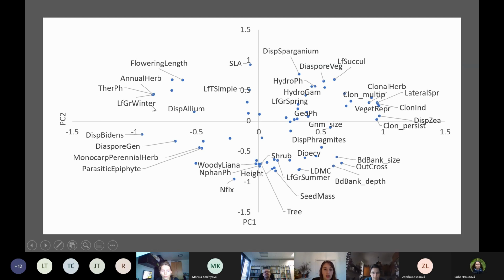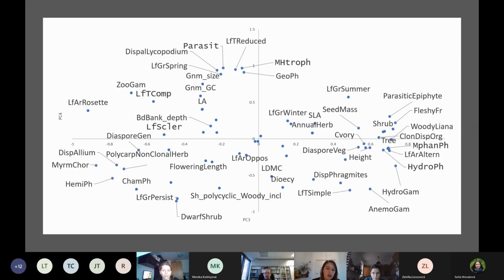One interesting thing is that we have kind of a grouping here of annual herbs, green leaves in the winter, flowering length, all together. And we also decided to explore more axes this time.